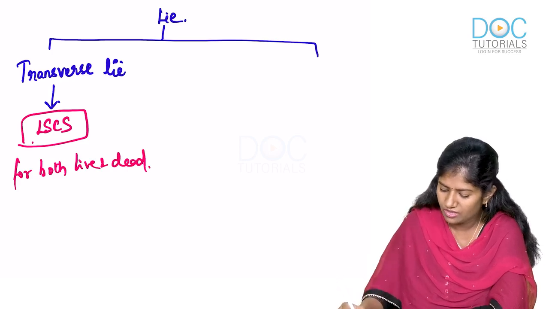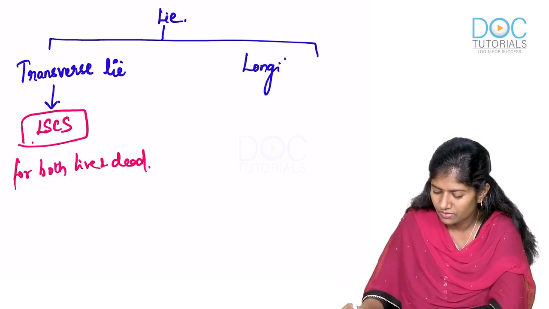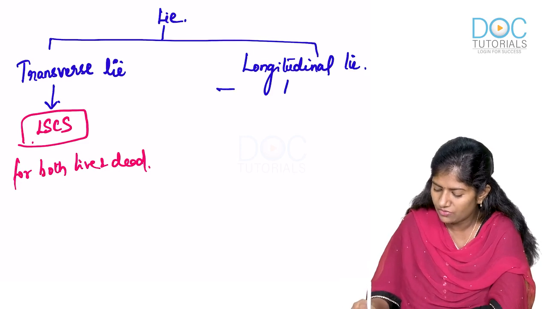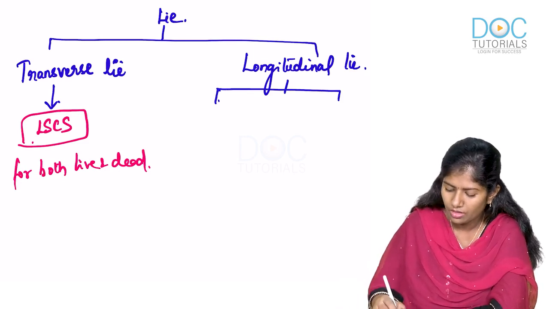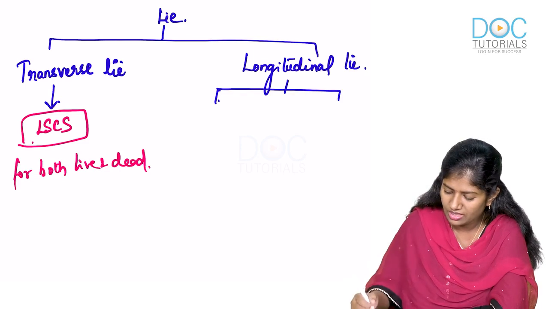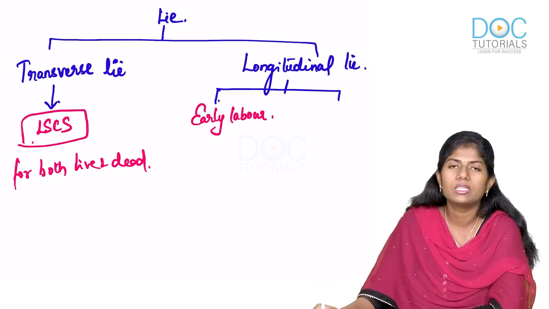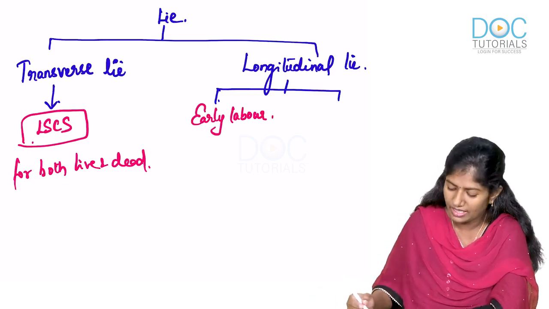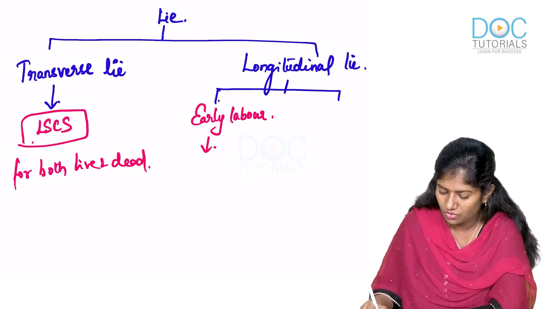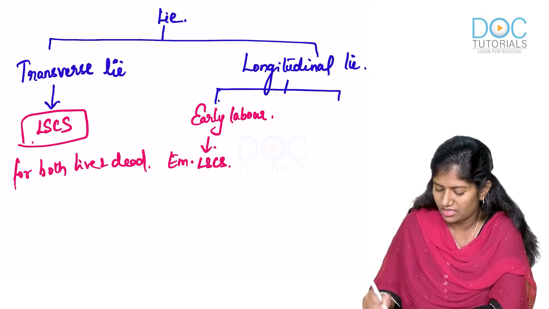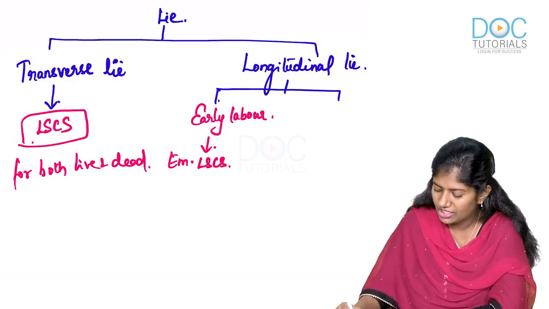In case it is a longitudinal lie, see whether the dilatation is full or the patient is in early labor. If the patient is in early labor, the dilatation is not full, the head is not engaged, then you're supposed to do an emergency cesarean section.